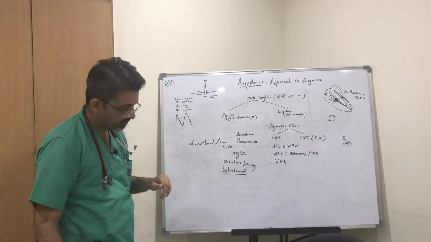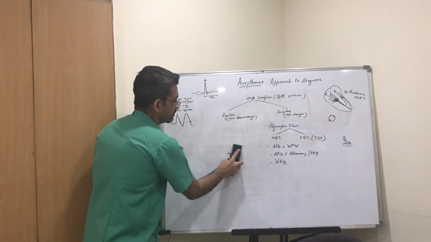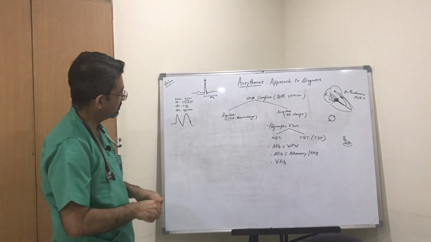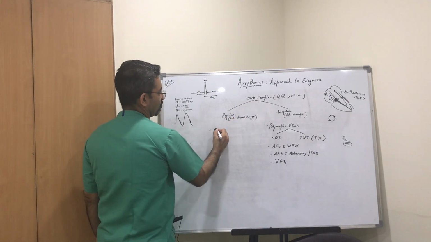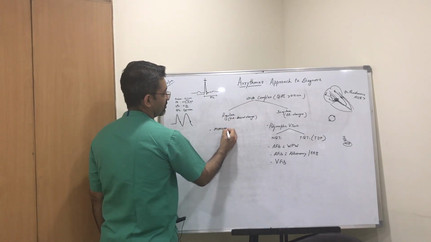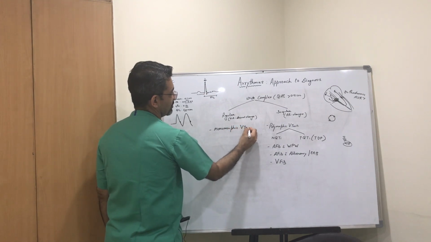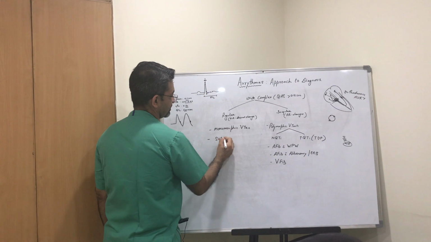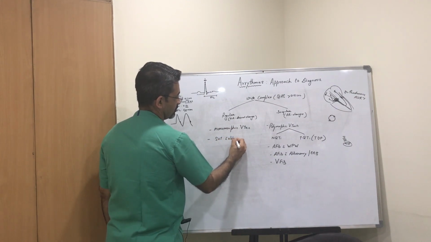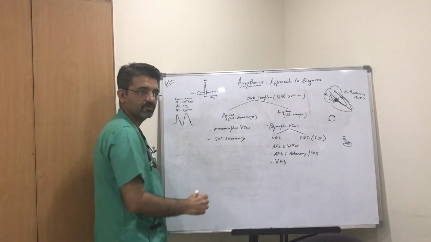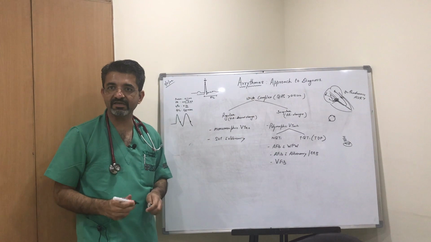One more thing, which is the last thing I wanted to tell you. When we are dealing with regular wide complex tachycardia, we had monomorphic VTAC and SVT with aberrancy, right, as our main differentials.